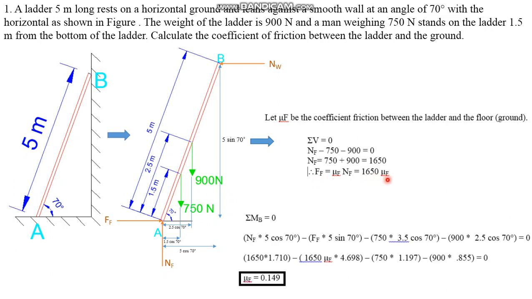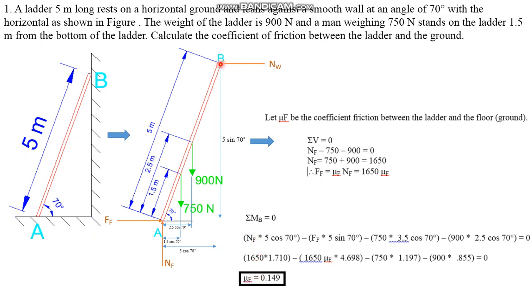Next, if you take moment about B, we have to find out mu, right? Mu will be at this point. If you take moment about A, you won't get anything. So you have to take moment about B, that is about this point.